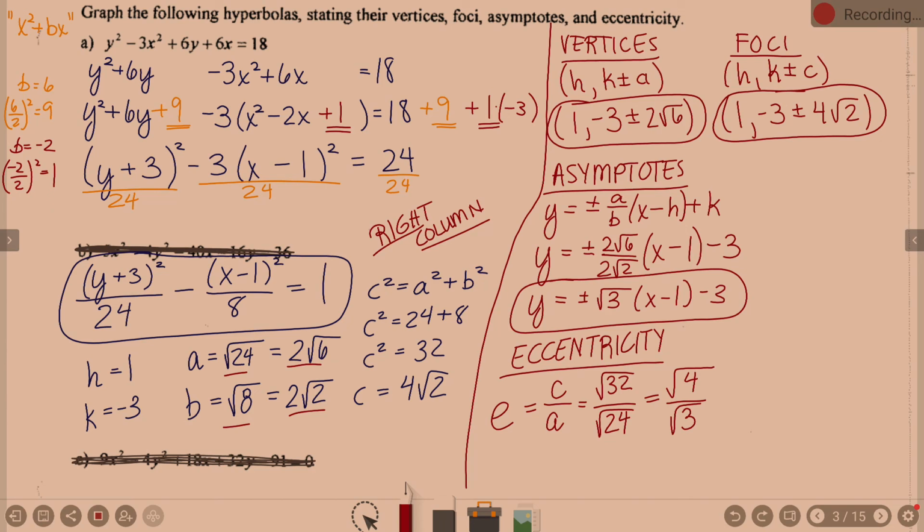So this could actually be 2 over the square root of 3. The book sometimes leaves them unrationalized, so you could possibly say 2 over square root of 3 as an answer. However, if we're going to rationalize, how do I make that square root of 3 a perfect square? Multiply by itself. And then we have 2 square root of 3 over 3.